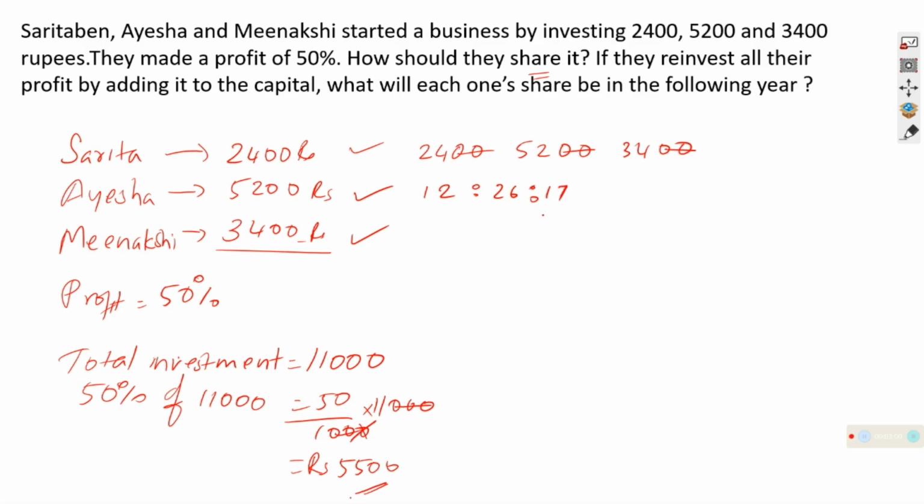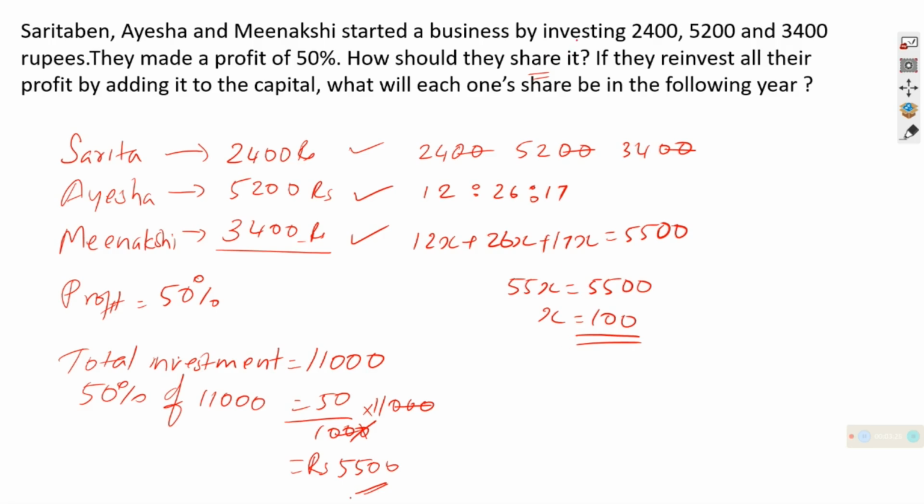This is their proportion. That means 12x plus 26x, like the earlier case, plus 17x is equal to 5500. That means 55x is equal to 5500, x is equal to 100.